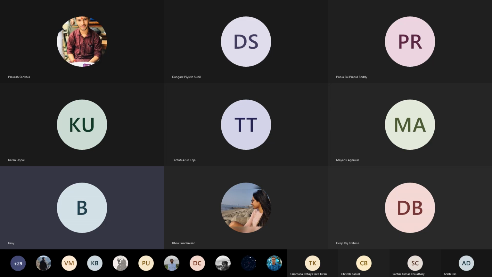And size equals 4. So usually constants are written in all capitals, SIZE. So I have not followed the convention.